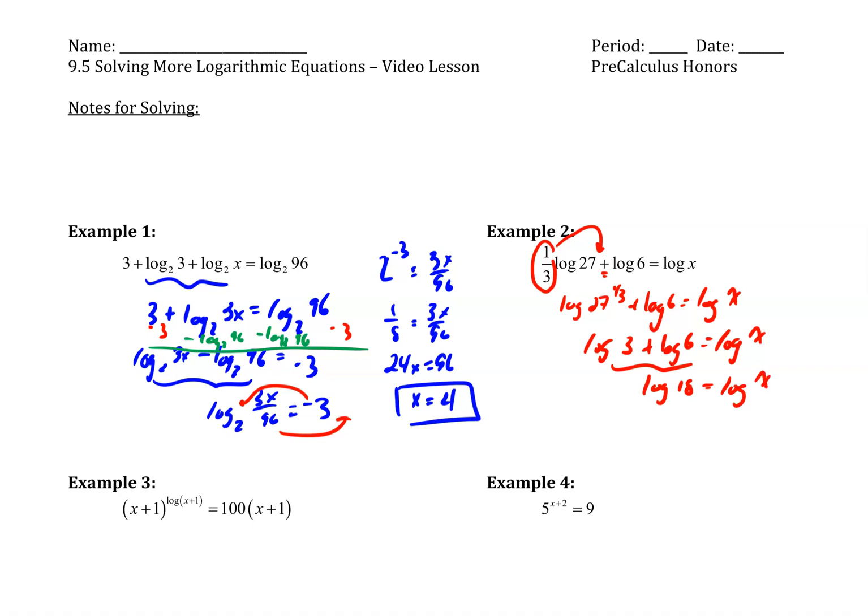So here, since I have a log equal to a log, this is where I can drop the logs and just set the expressions equal to each other. So x is going to equal 18. And then you're done. Once again, go back, check your answer, plug them in if you have time, and utilize the calculator to see.